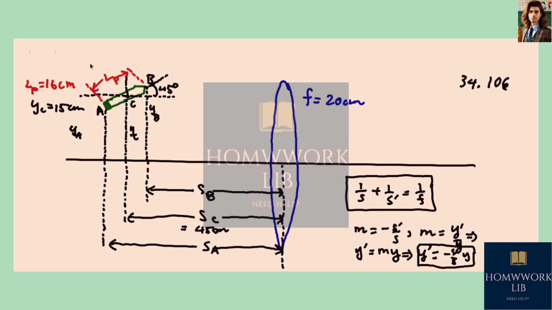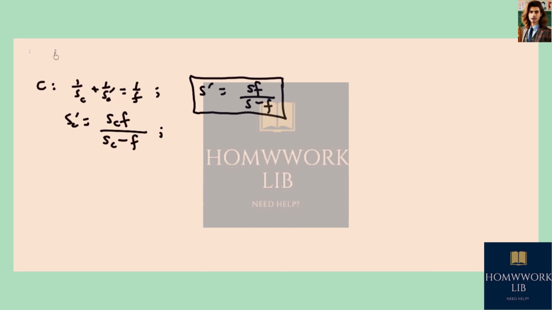But for now, we're working with SC because it's the easiest one. So SC primed is now 45 centimeters times the focal length, which we're given, 20 centimeters, divided by 45 centimeters minus 20 centimeters.